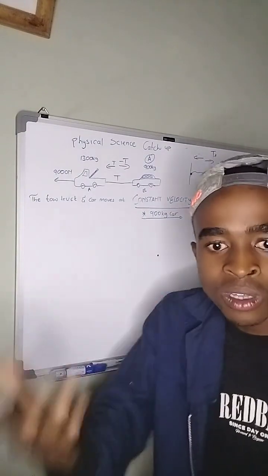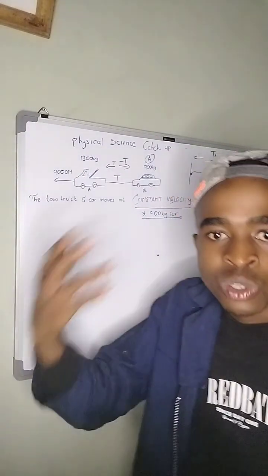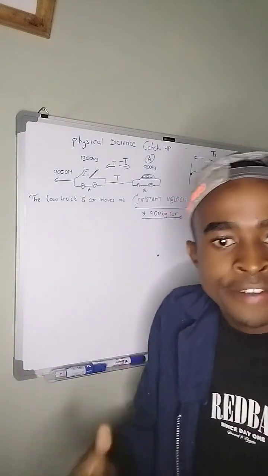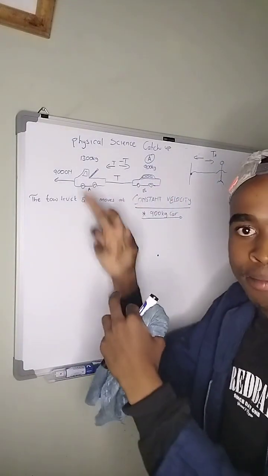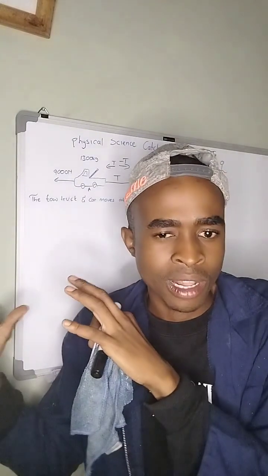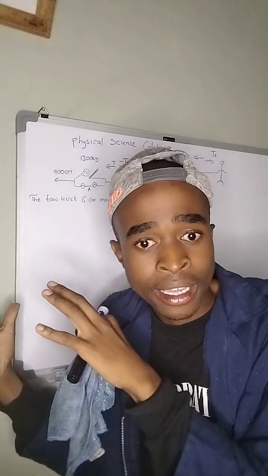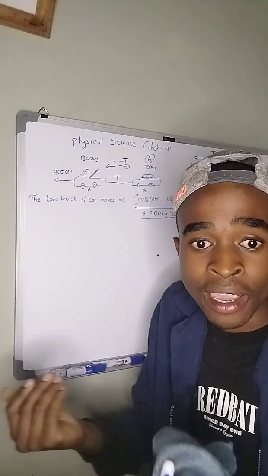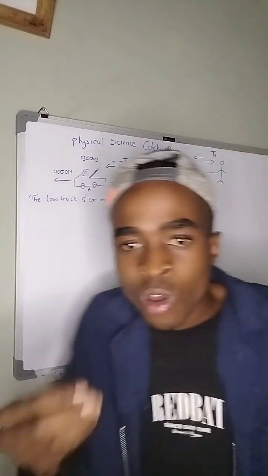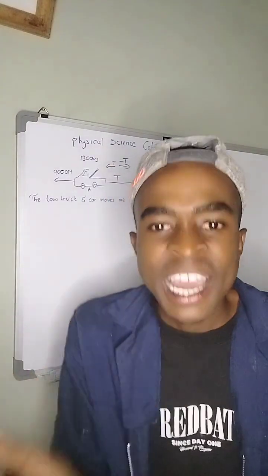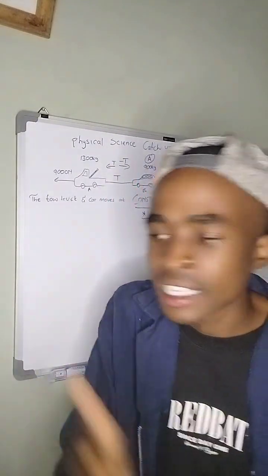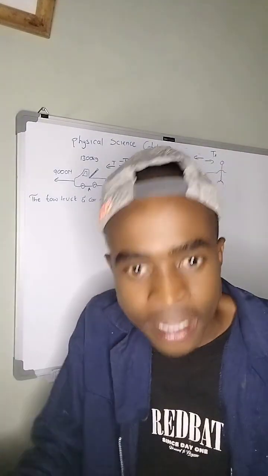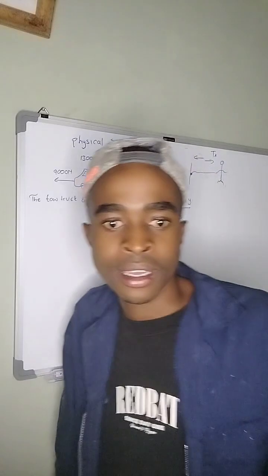But because we are neglecting air resistance, our calculations are accurate. That's why in all cases, when you hold the question paper, avoid air resistance. Air is there, but we are avoiding it.